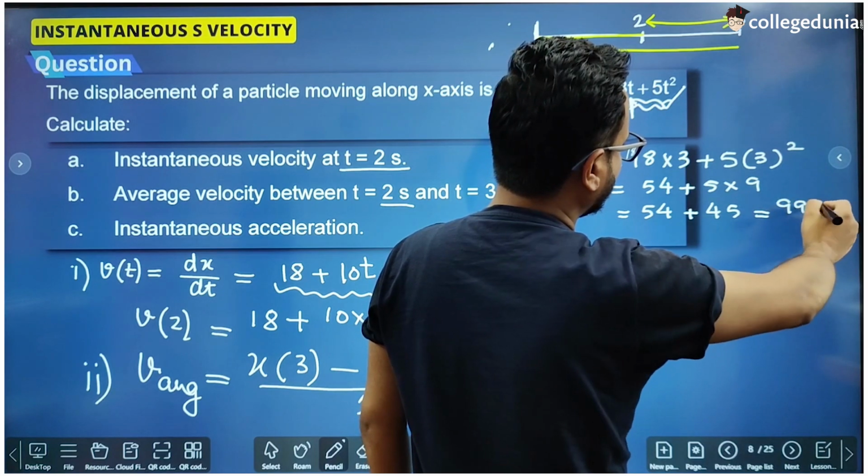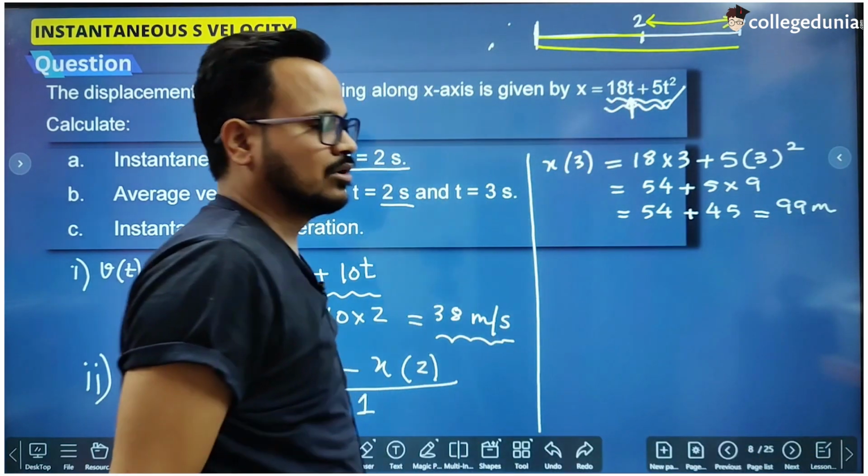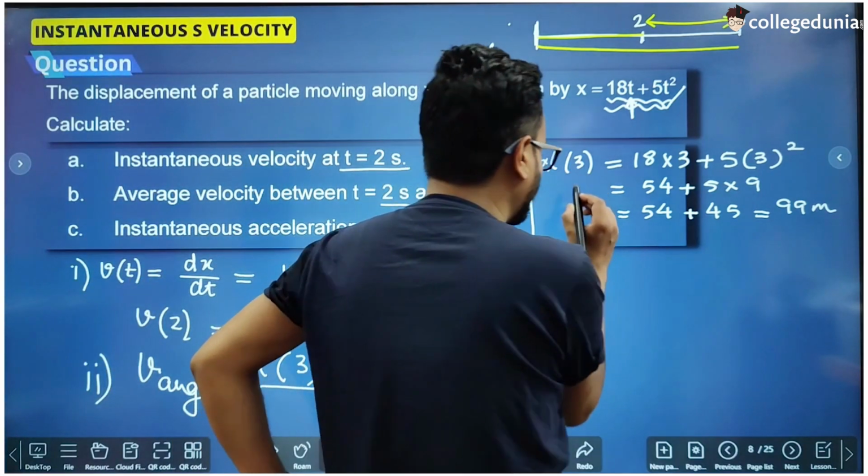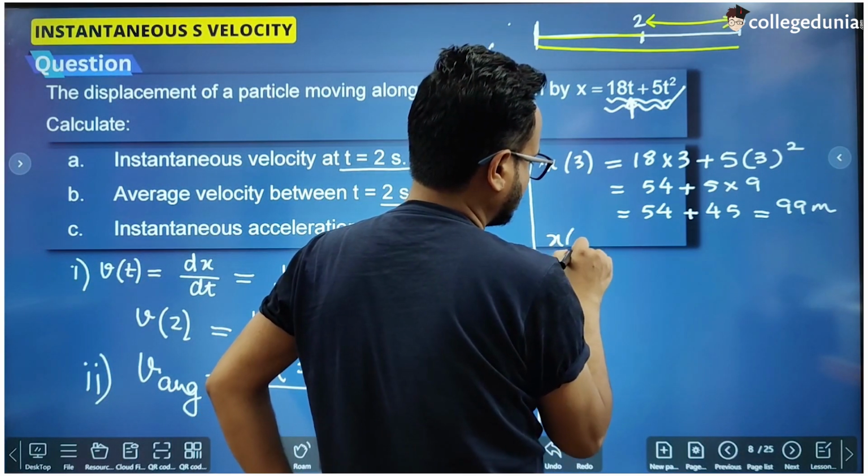This is 99 meter. Okay, clear? Now we will put t as 2 in this equation.